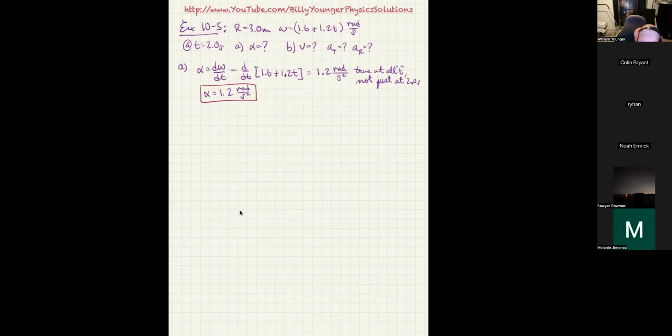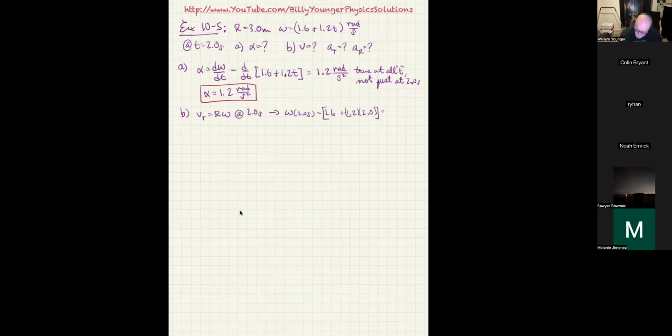Now for part B, we want to know V. So V tangential is equal to R times omega, but we want it at 2.0 seconds. So we've got to evaluate omega at 2.0 seconds, which is going to be 1.6 plus 1.2 times 2.0.